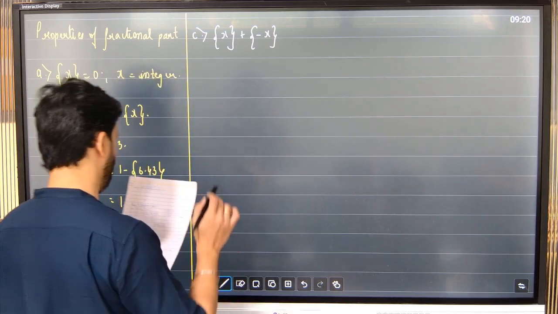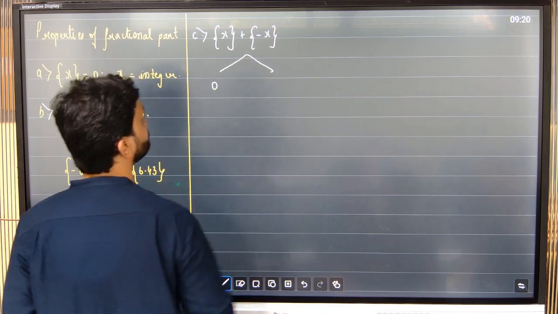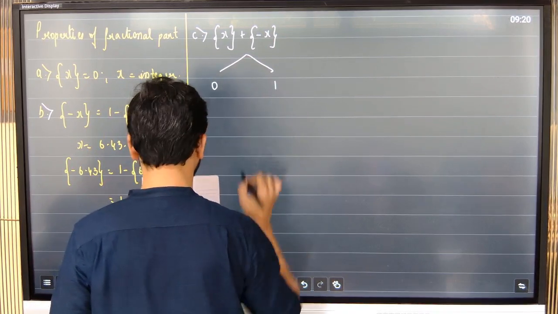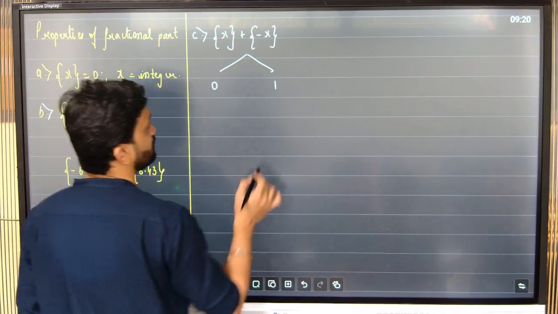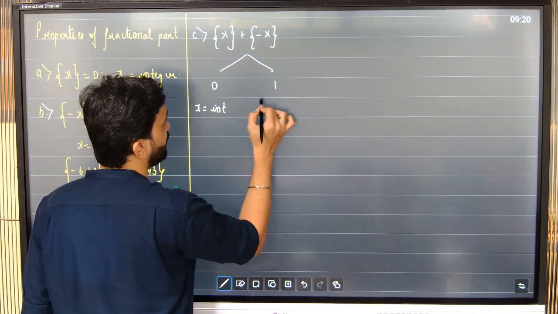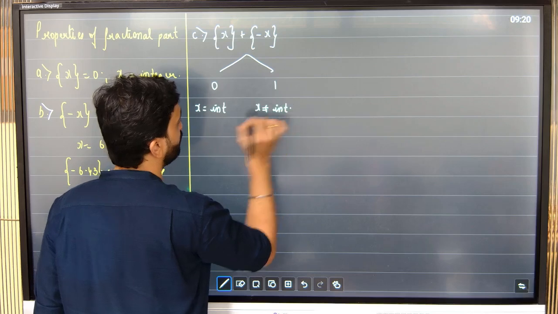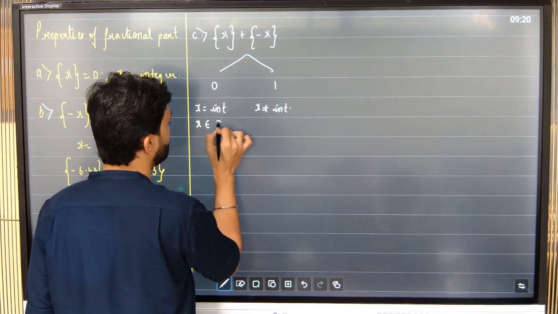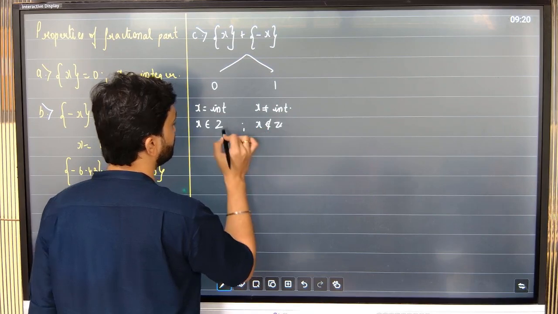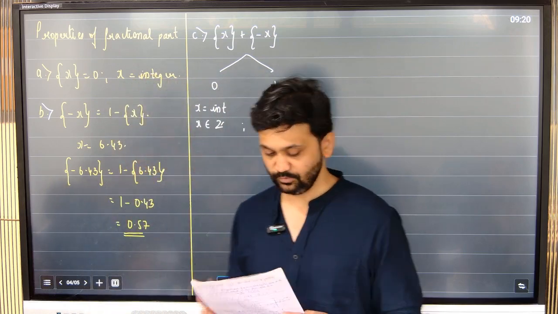This will give you 0 or 1. 0 कब आएगा, 1 कब आएगा? 0 जब आएगा when x is equal to integer. And 1 कब आएगा? When x not equal to integer. Basically x belongs to integer आएगा, and यहाँ पे x does not belong to integer. Did you guys understand this?